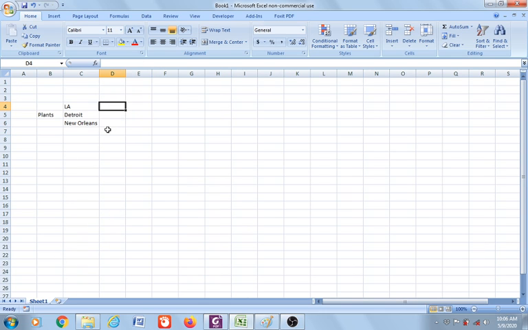I'm going to label LA as plant number one. So we have a row for LA, a row for Detroit, and a row for New Orleans. I'm going to label a row as i, so LA is i equal 1.